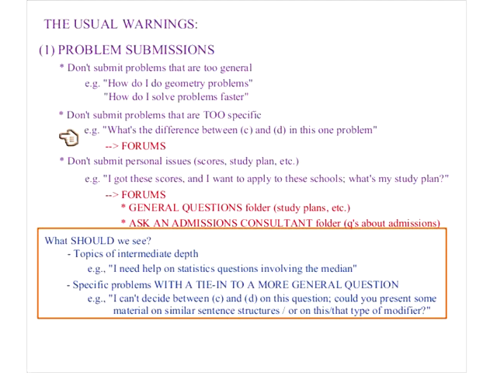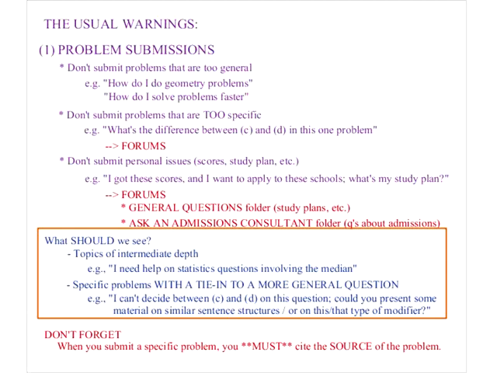There they are. Okay. One more thing. When you submit problems, a lot of people are still not doing this. In fact, most people are still not doing this. Most people. Don't forget, when you submit a problem, you must cite the source of the problem.